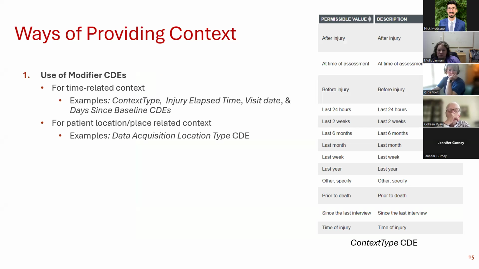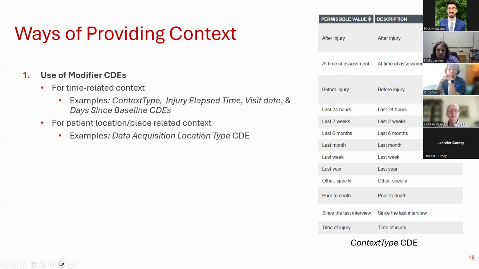One element would be education level, the other element would be context type, and as you see on the right-hand side, we have after the context of the education level: after injury, before injury, at time of assessment, last year, death, prior to death, and so on. So the idea is instead of creating five different education level elements all at different times, we create one education level, and then we pair it with context type.